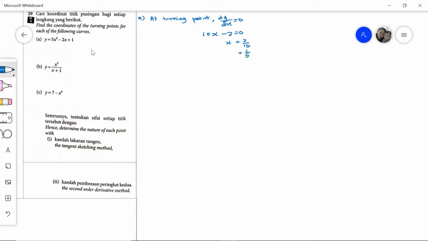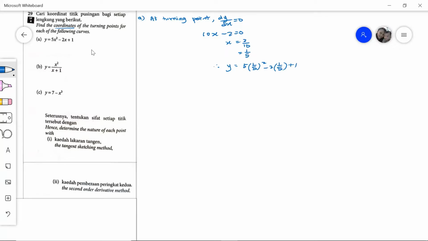Since we need to find the coordinates, once we have the x value, we need to find the y. Therefore, substitute the x value into the function of y. So 1 over 5 squared minus 2 times 1 over 5, and then plus 1. We calculate this using the calculator.